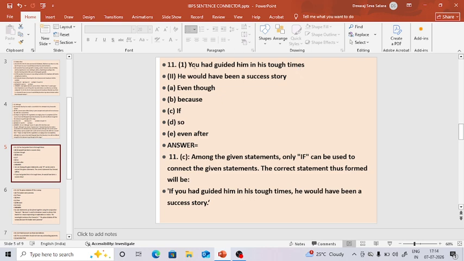He would have been a success story. Now, if this happened, then only. So, "if" conjunction we can use here. If you had guided him in his tough time, he would have been a success story. So, answer is C. Next.